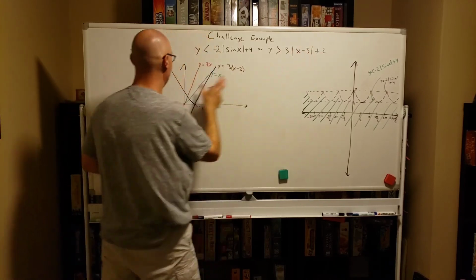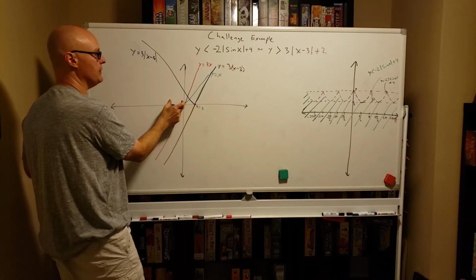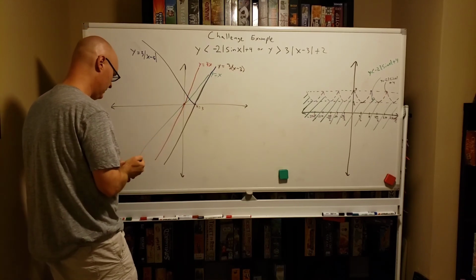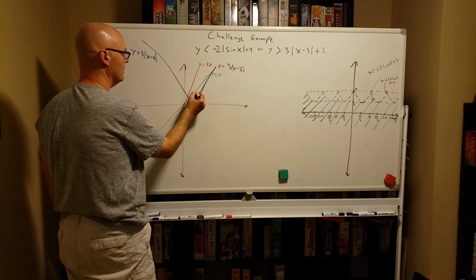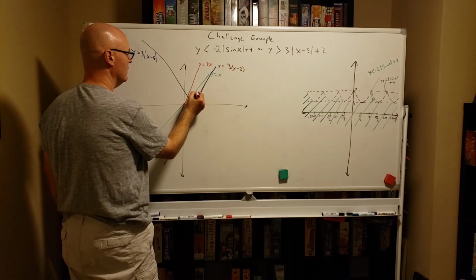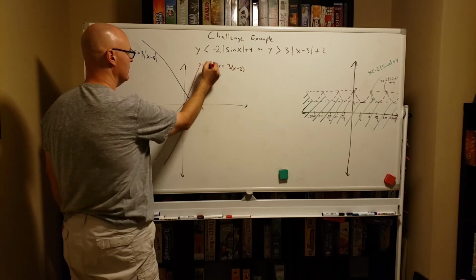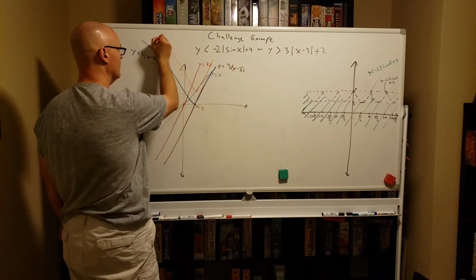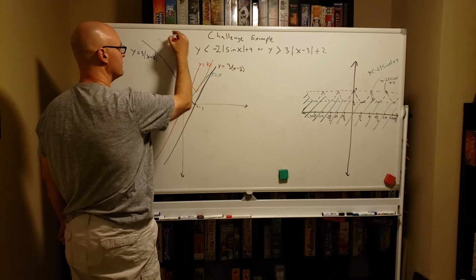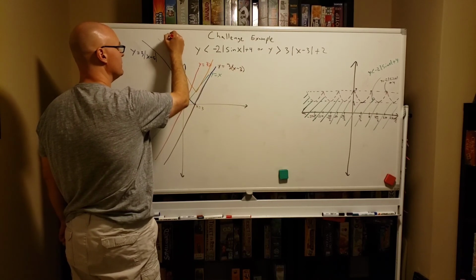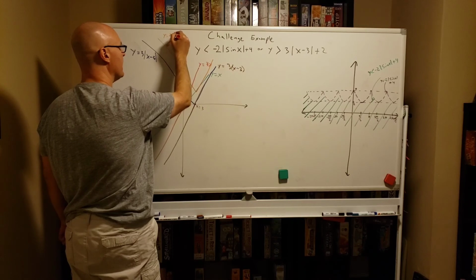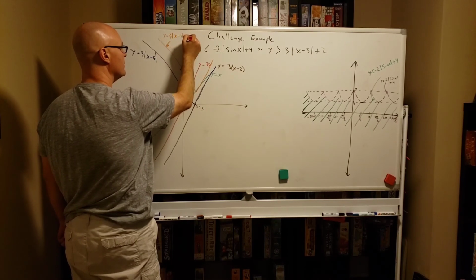So this function now is going to shift by 2 up. To give us y is equal to 3 times the absolute value of x minus 3 plus 2.